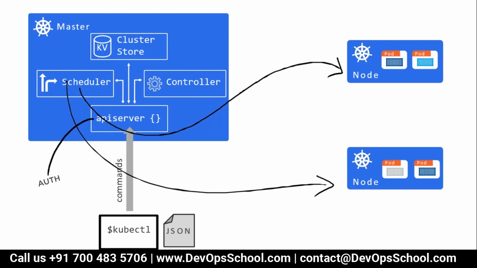But mind it, if you're writing in YAML or JSON, that's not a problem. But the API server always accepts which format? JSON format. Because YAML, compared to JSON, is easy to write, even if you write in YAML format, kubectl will convert it into JSON format and then send it to the API server.